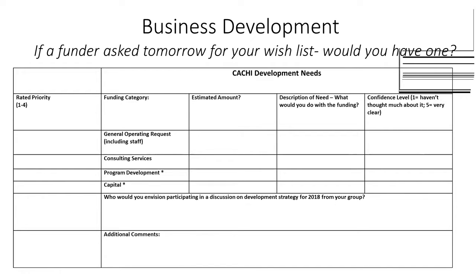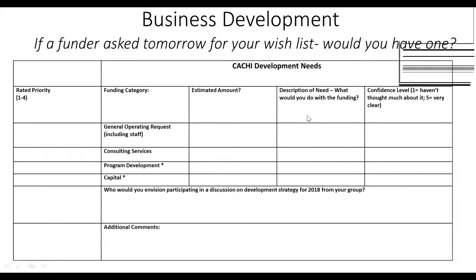One is to give your gut reaction to where you think that you are in these places. And you can see on the left-hand side, I've asked that you prioritize what these asks are, give the amount, and then the description. Again, this is all very high level.